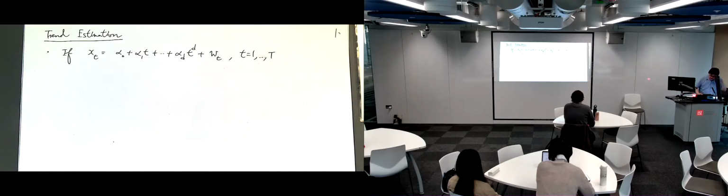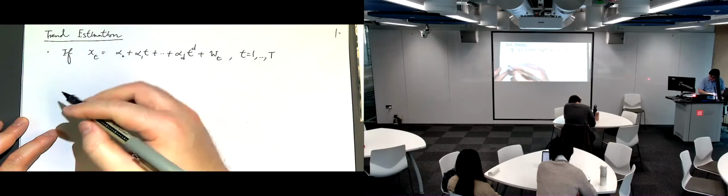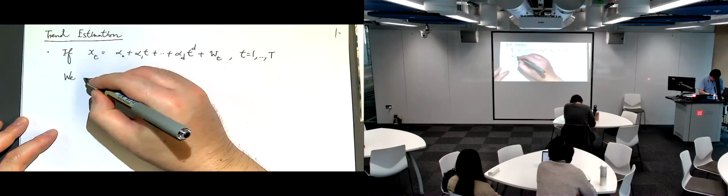So let's say you have data X_t and you suspect that clearly there's a polynomial trend of order d. So the degree d polynomial is right there in the definition of X_t.